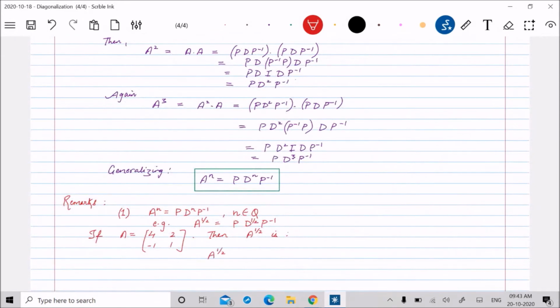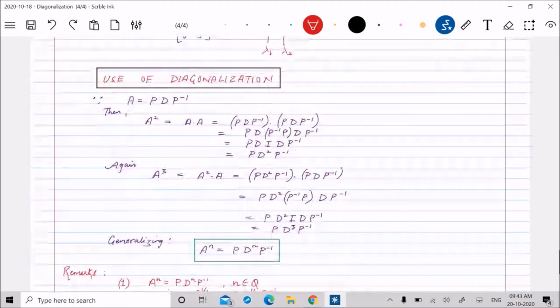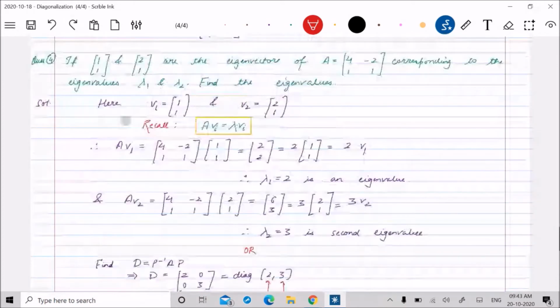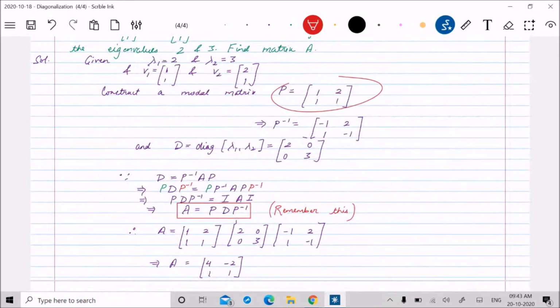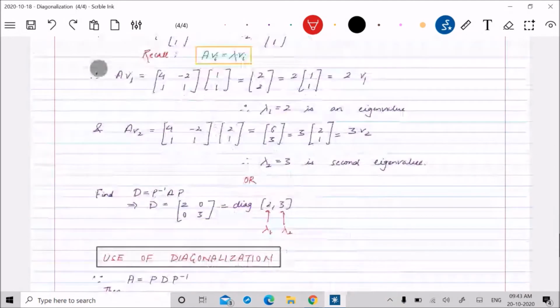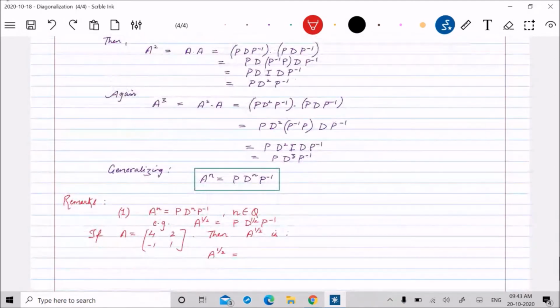A to the power half, and the value of P was, where is P? This is my P. 1, 2, 1, 1, and D was 2, 3, 0, 0, and its power is half.